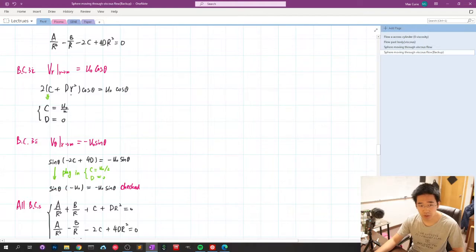And we know that at infinity r, this will blow up, so we'll have to make d equal to 0. And by that, then we can solve for c, then c is u_0 over 2.